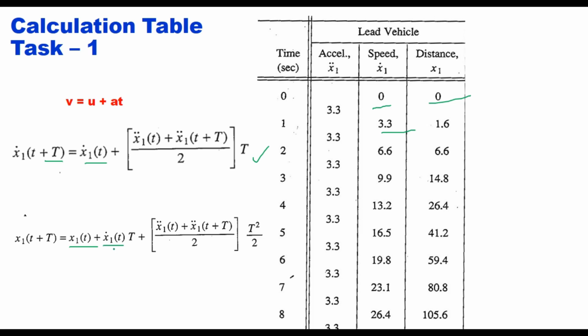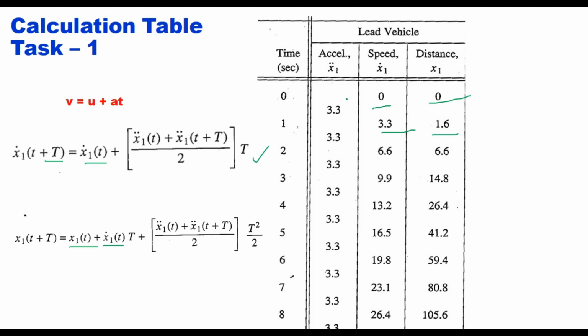Speed here is 0 at the first time interval, not t plus T, plus the rate of acceleration into t square by 2. So this is 0, and this is 3.3 at t plus T, and 0 at time t, that is 0 time, by 2, that is 1.6.